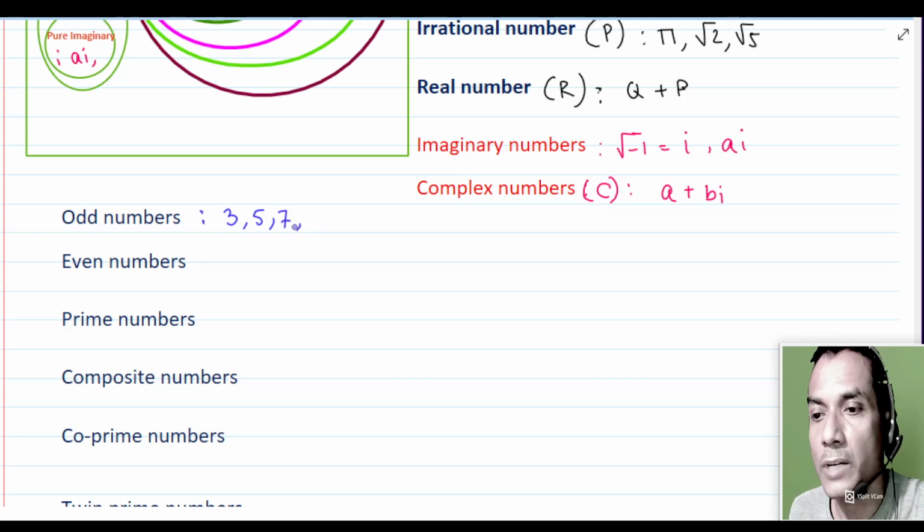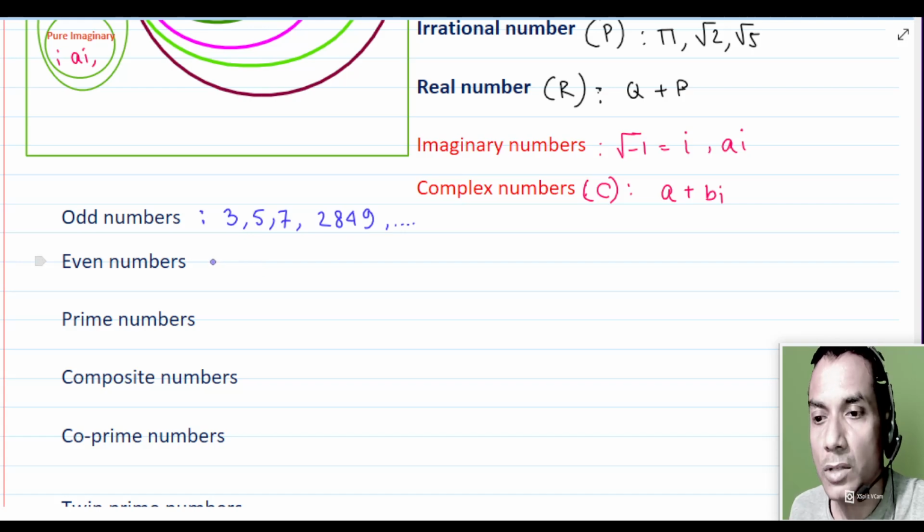If the unit place of a number is, for example, 9, as in 2, 8, 4, 9, it is also not divisible by 2, so this is an odd number. If the unit place number is not divisible by 2, then the entire number is not divisible by 2 and it is an odd number.